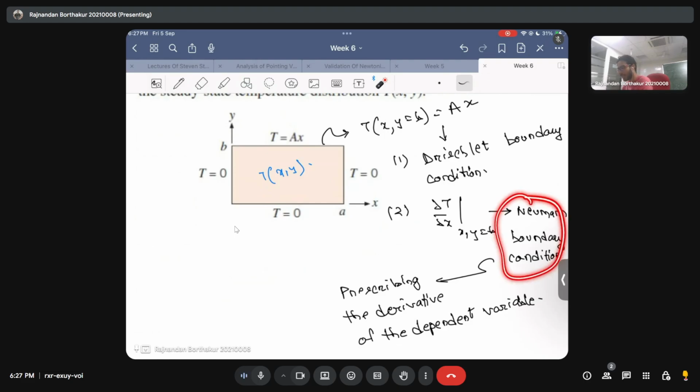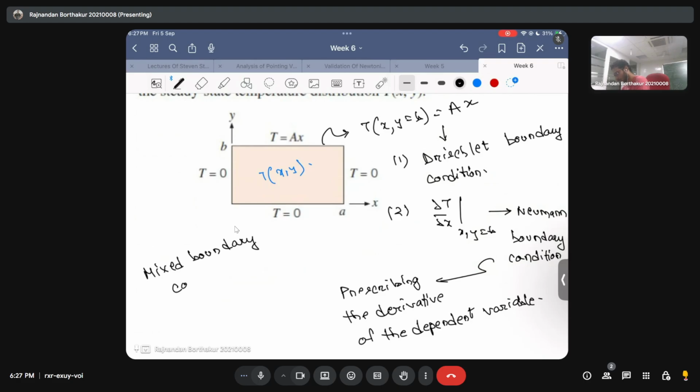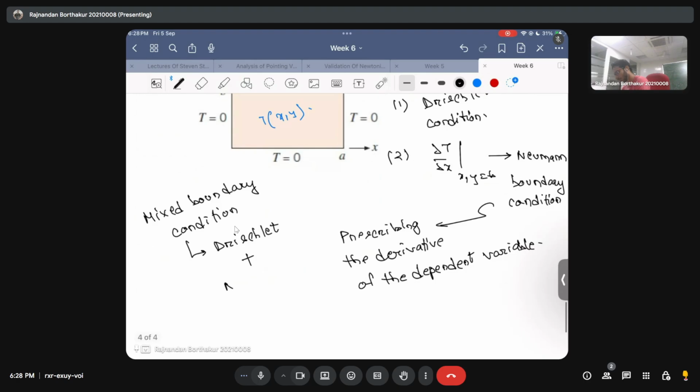And there is another boundary condition, known as the mixed boundary condition, where we can encounter a combination of Dirichlet and Neumann.